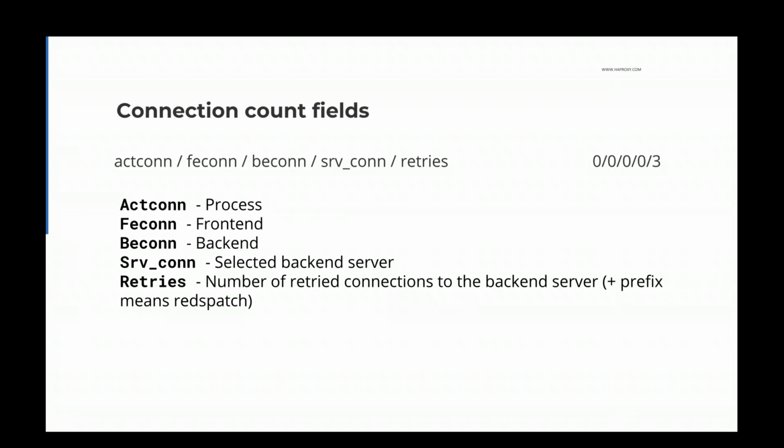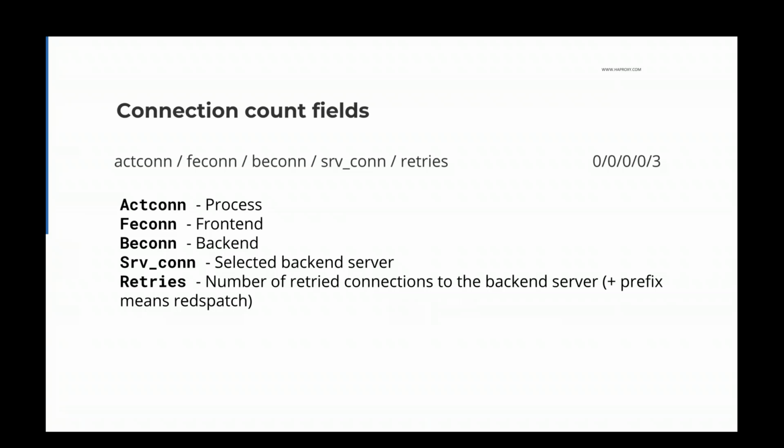Because if they are, then the connections can end up in the SYN queue of the kernel instead of HAProxy, because HAProxy would not accept the connections yet. So that indicates a problem, and it indicates something that the logs might not otherwise show.